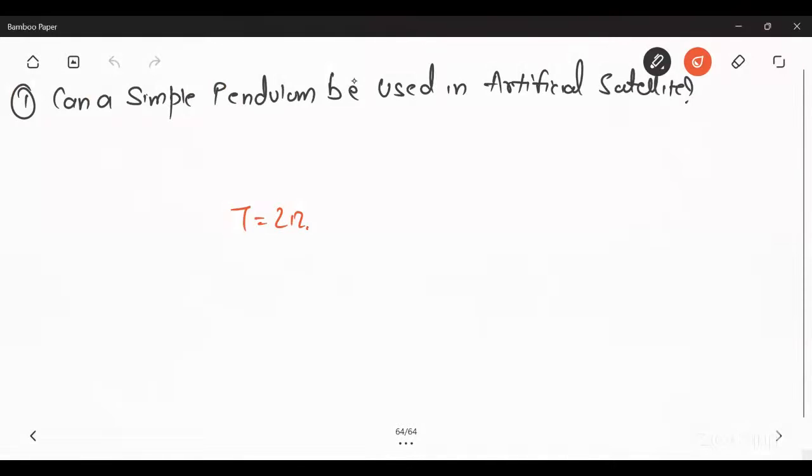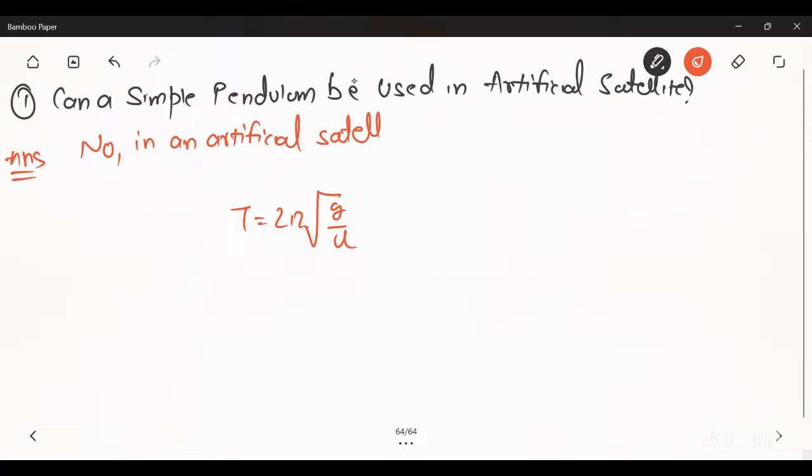So the answer will be no. In an artificial satellite, acceleration due to gravity is 0.